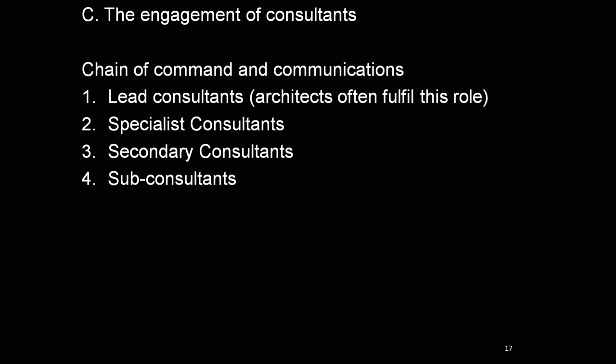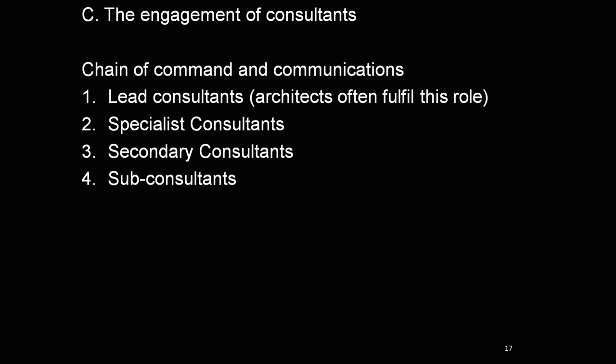And then we move on to secondary and sub-consultants. Secondary and sub-consultants are both specialist consultants who have been employed to do various parts on the project. The difference between the two is how they are procured. Secondary consultants are contracted to the client directly.